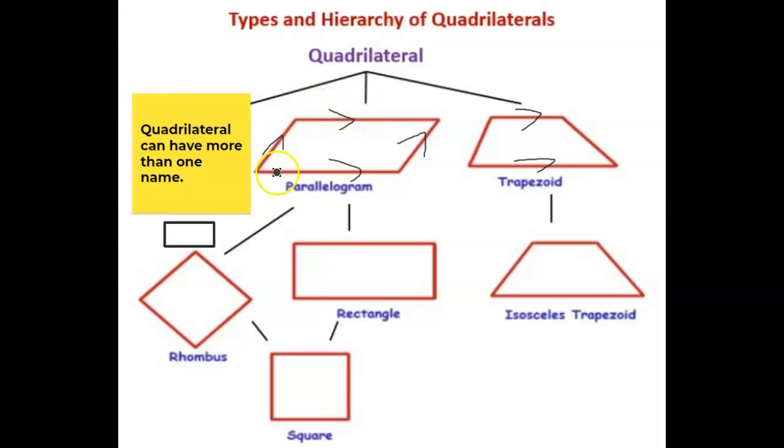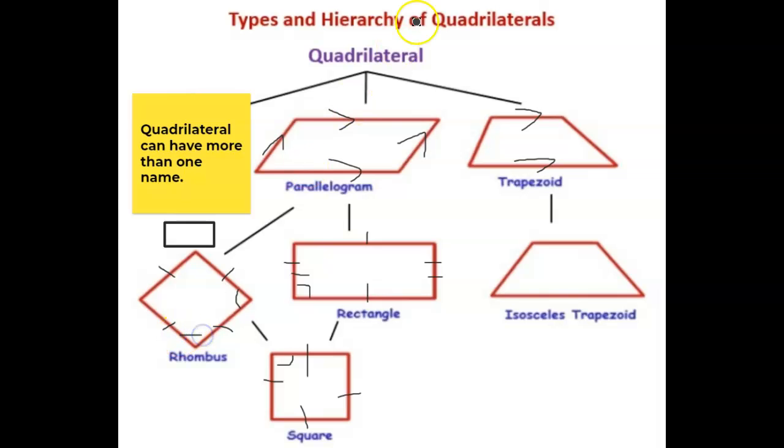Now, if you realize your quadrilateral is a parallelogram, then you've got options. Is it a rectangle, a rhombus, or a square? In other words, does it have opposite ends of congruent sides, or are all the sides the same, like in the rhombus and the square? Also, does it have right angles, or does it not have right angles?